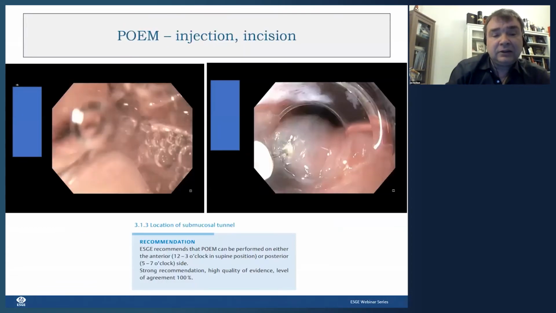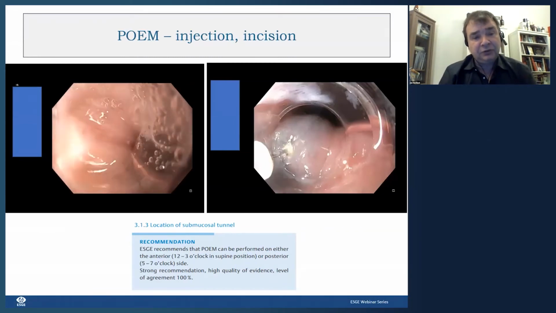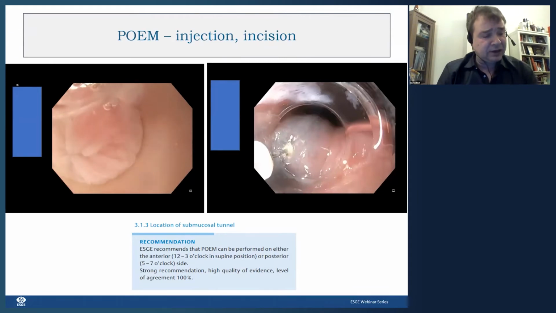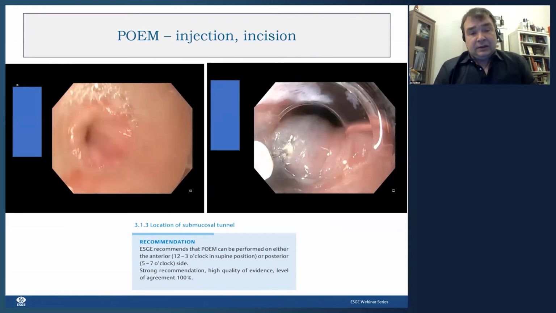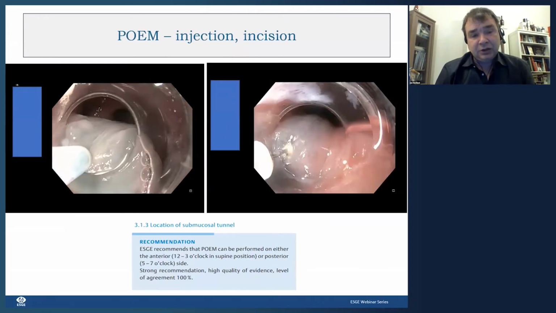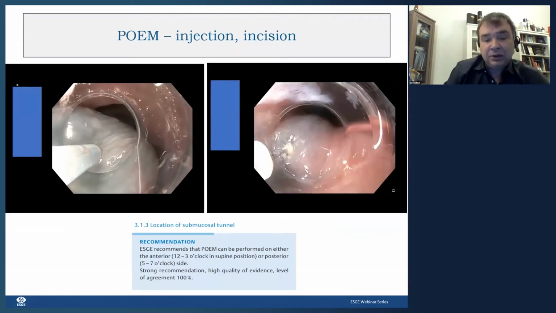Here you see the start of the procedure, the esophagus, which is free of esophagitis, free of candidosis, spastic cardia, and we can do POEM either on the posterior side or the anterior side. As you see below, the ESGE recommends that POEM can be performed on either the anterior or posterior side.